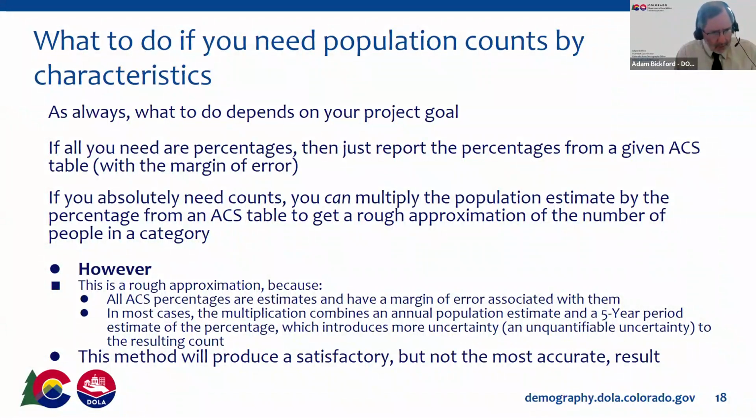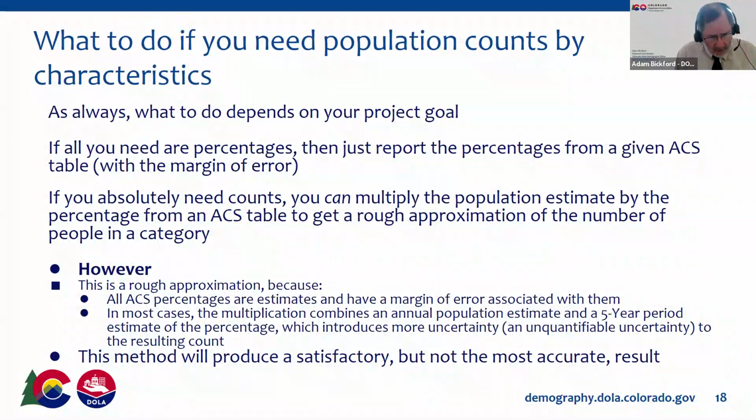Now, if you absolutely need counts, you can calculate a very rough estimate of these counts by multiplying an annual population estimate by the percentage from an ACS table. But you have to recognize, first of all, that all ACS percentages are estimates and they have a margin of error associated with them.